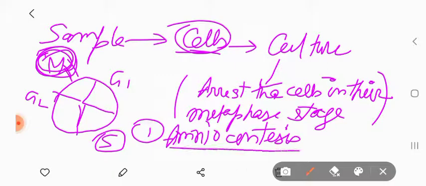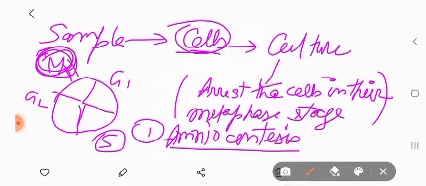Amniocentesis. From the amniotic fluid, we take out a sample for further karyotype testing. This is the fluid that surrounds the fetus in a pregnant woman, and it protects the fetus from mechanical shock, from mechanical injury.